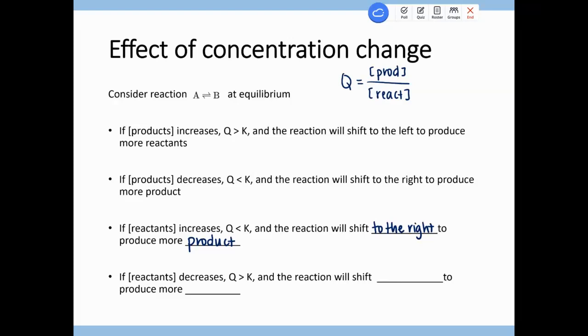And then, if we have some method to remove A from that system at equilibrium, we decrease the concentration of A, which was the reactant. That would make Q greater than K. The reaction will shift to the left to produce more reactant.